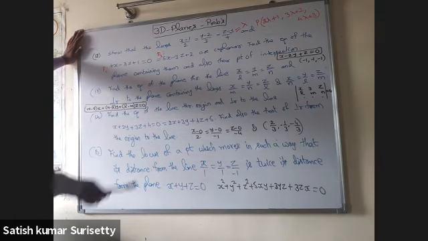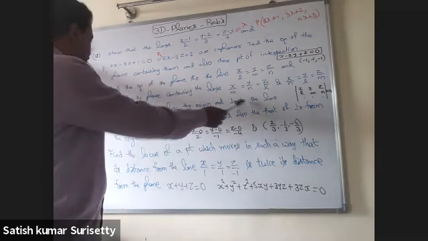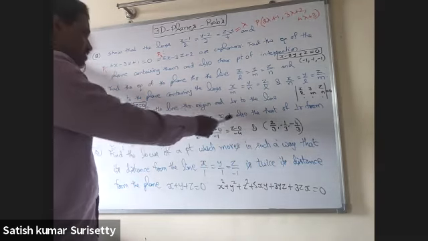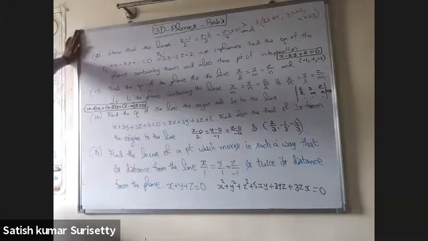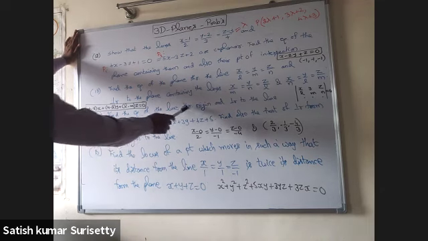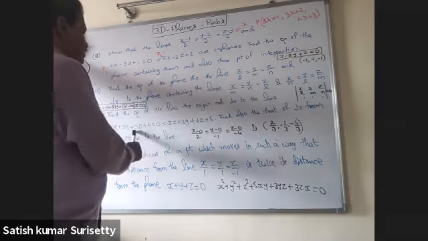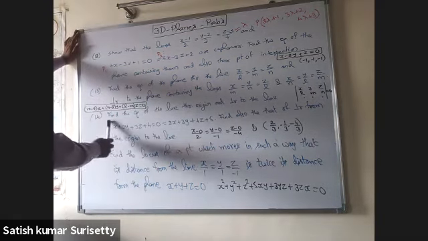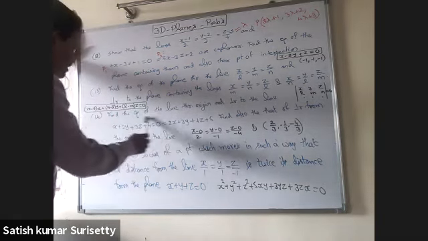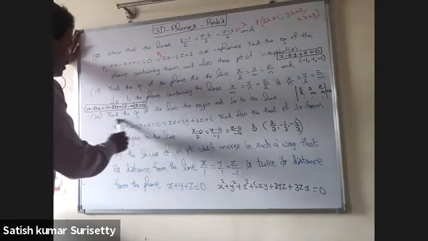Next, in the 14th, find the equation of the line through origin and perpendicular to the line, and also find the foot of the perpendicular from origin to the line. So through origin you have to calculate the perpendicular to this line. You can convert this equation from unsymmetric form to symmetric form.